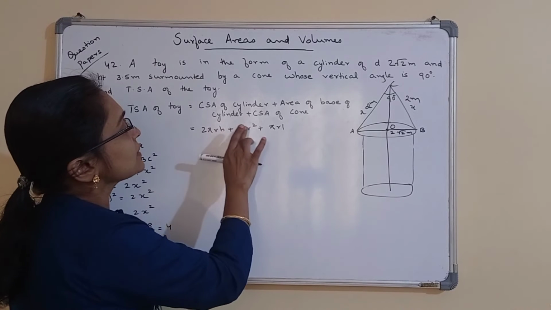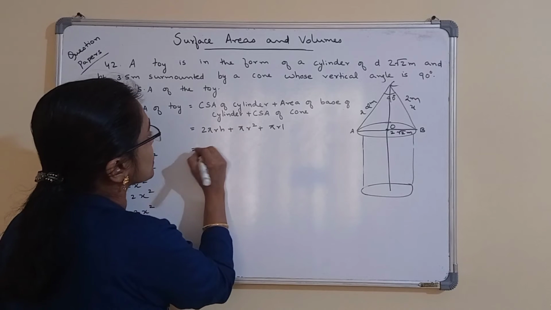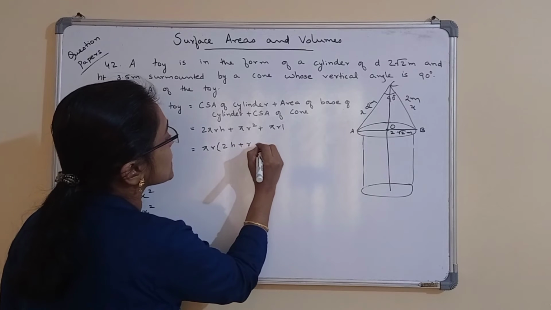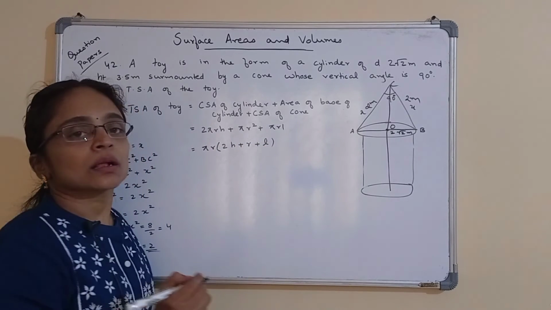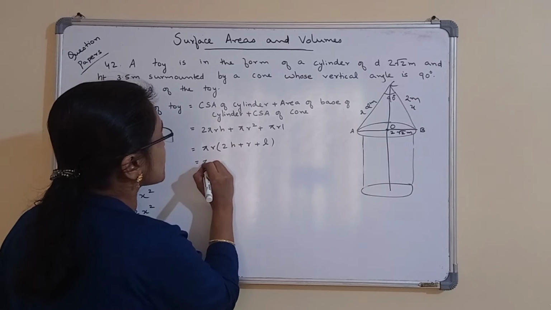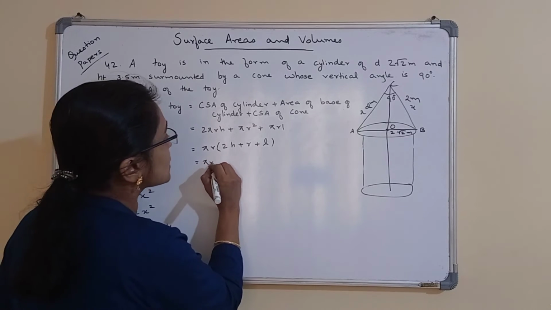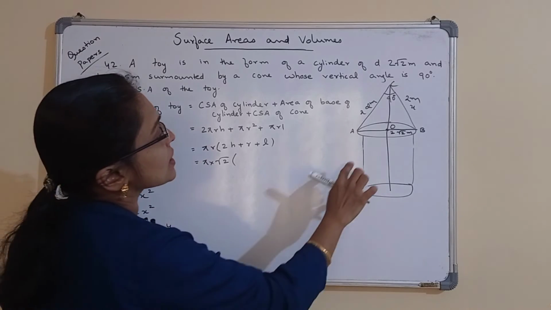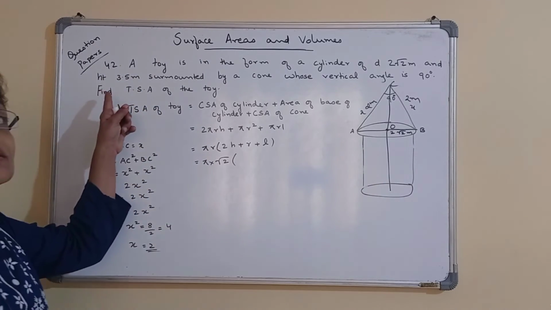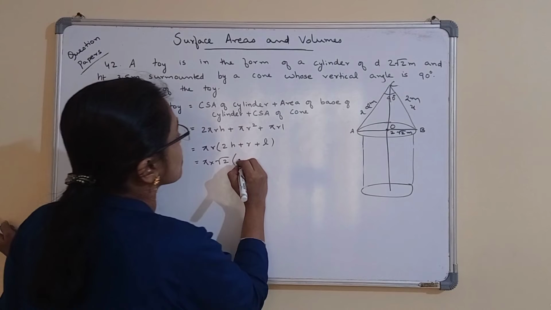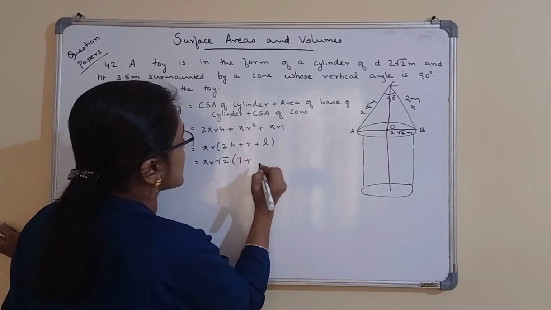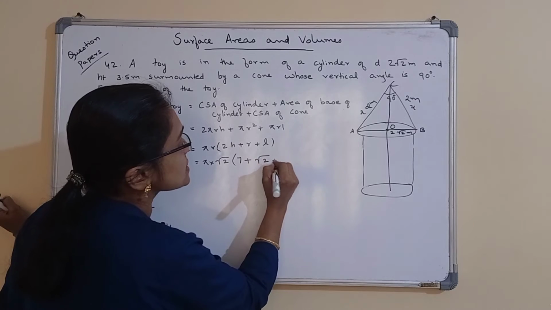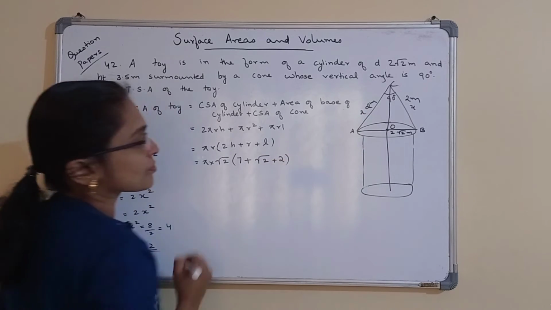Now we can take this pi r out. Pi r into 2h plus r plus l. Okay. So this is equal to pi into r is root 2 into 2h. h is height, 3.5 meter. So 2h is 7 plus r is root 2 plus l is 2.